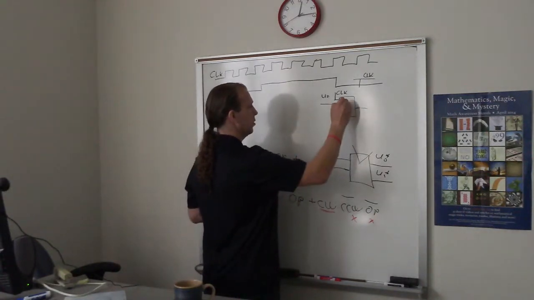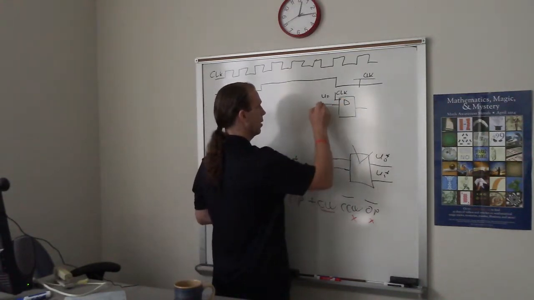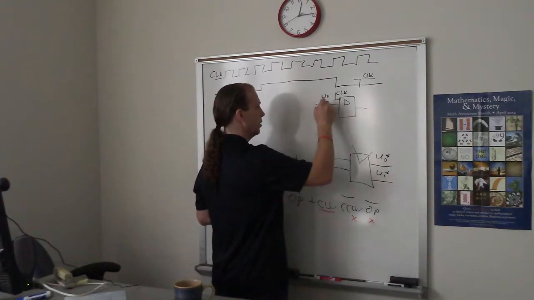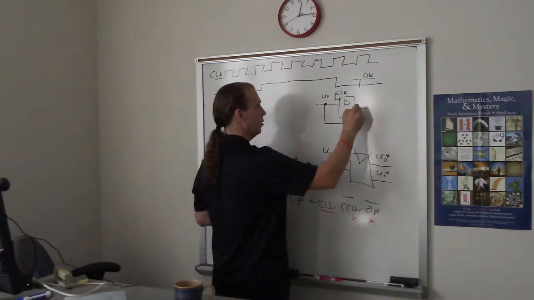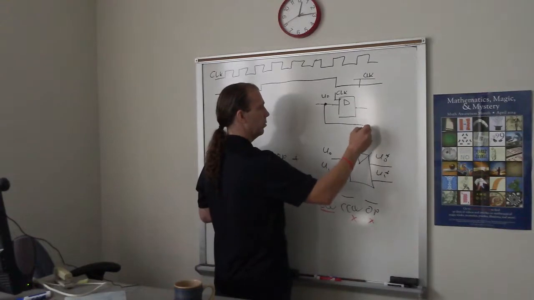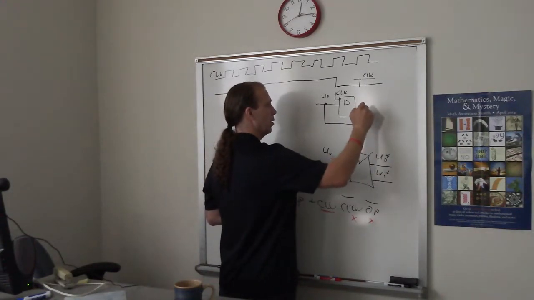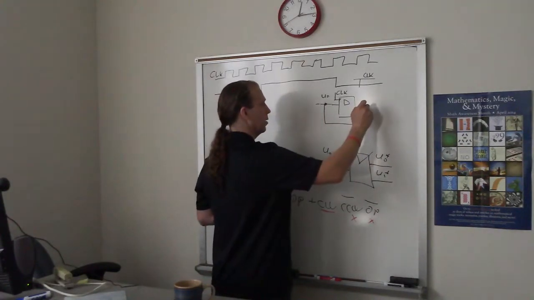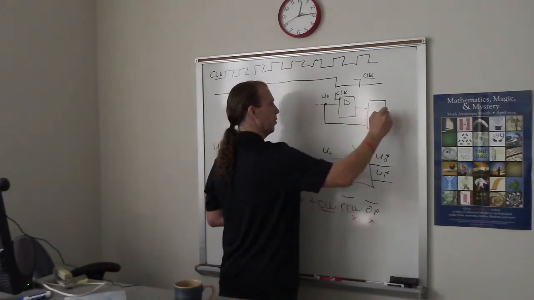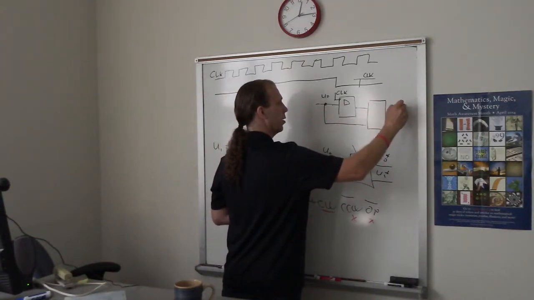So that's our D trigger. And then we take U0 and the output of the D trigger, and then do some logic, and this is our U0 star.